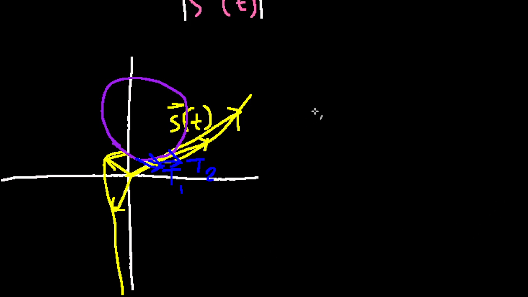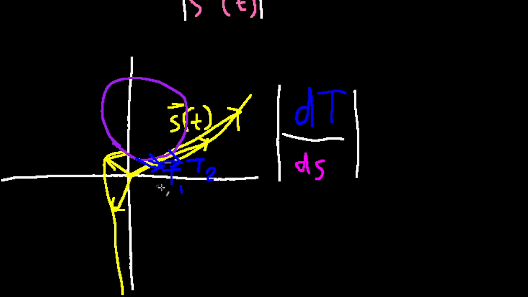And now what we really want is the change that this tangent vector experiences with respect to the arc length. And then, of course, we have to take the magnitude because we only care about the size.